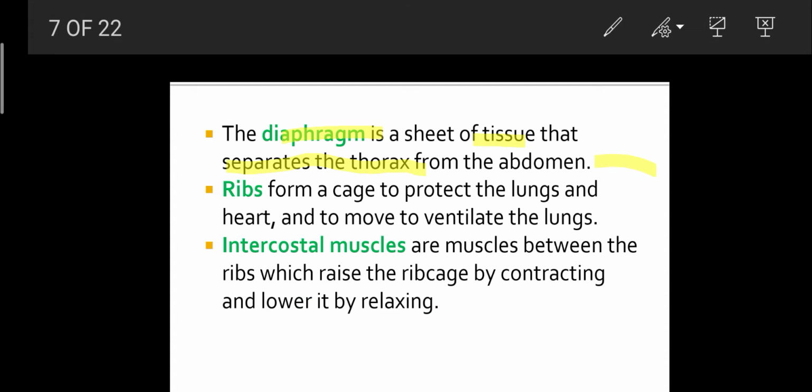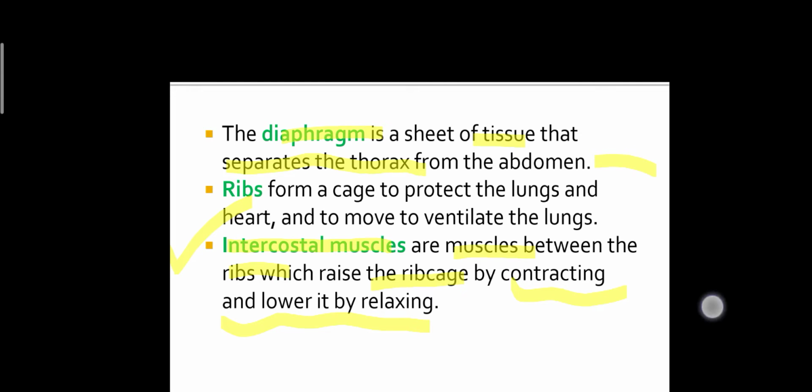So now we will discuss the intercostal muscles. What are the intercostal muscles? Intercostal muscles are the muscles between the ribs which raise the rib cage by contracting and lower it by relaxing. We have discussed the lung structure in detail.